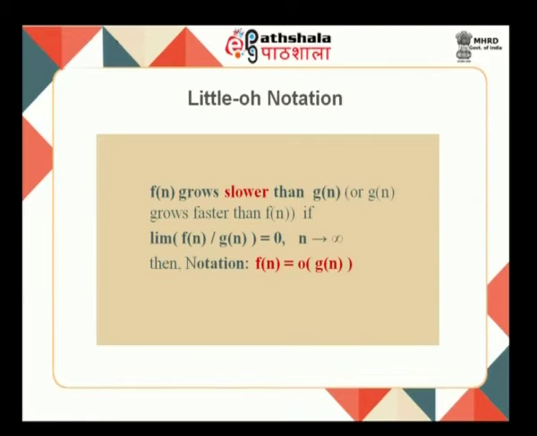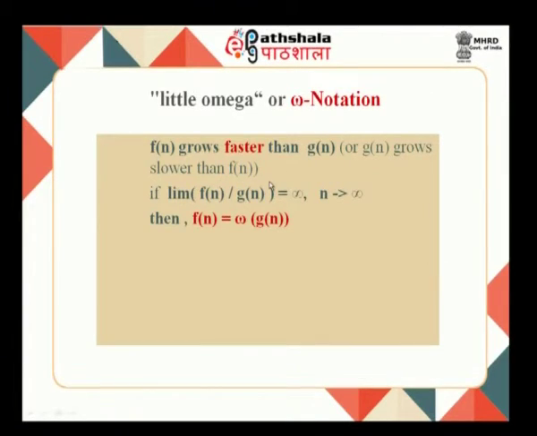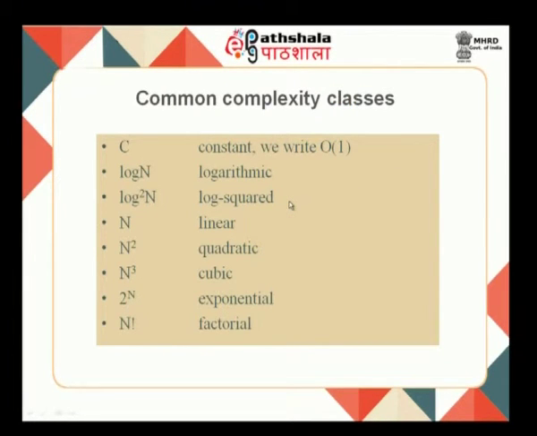This is very much related to big O notation, in the sense that c is a very small constant. Similarly, we have the little omega notation, where f of n grows faster than g of n, or g of n grows slower than f of n. In other words, the limit is going to be infinity.